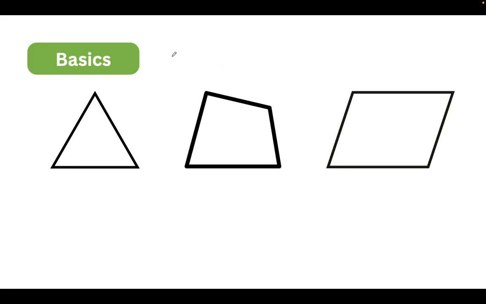First of all, we will learn the basics of how these shapes are named. The names of these shapes are based on the Latin numerical system where 1, 2, 3 and 4 are named as uni, bi, tri and quadri. Now here we have three sides, three lines. One is this line, second is this line and third is this line.